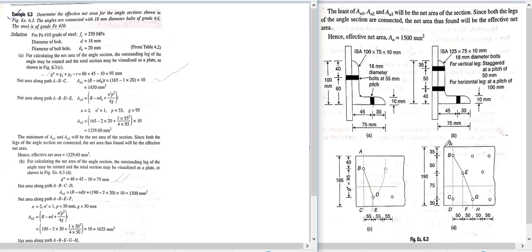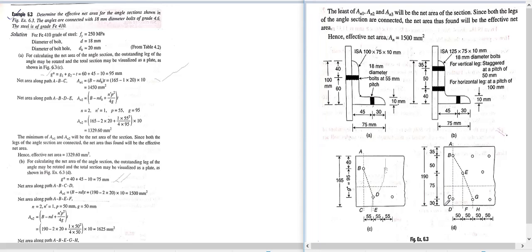Now you can find the total distance from this point to this point. After rotating this leg, you can imagine that it is a plate. You have done the numerical on plate in the first numerical, so from that you can understand that you have to assume some paths. You can choose path ABCD, you can choose ABEF, and third you can choose ABEGH.